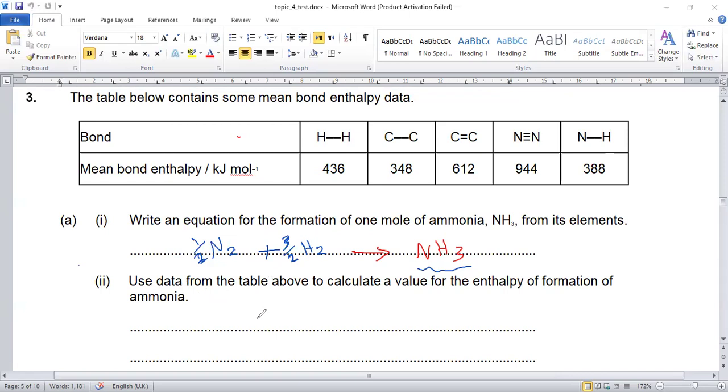Use data from the table above to calculate the value of the enthalpy of formation of ammonia. Here we can calculate with the bond energy, but using the number of moles. So half times 944 plus 3/2 times 436.